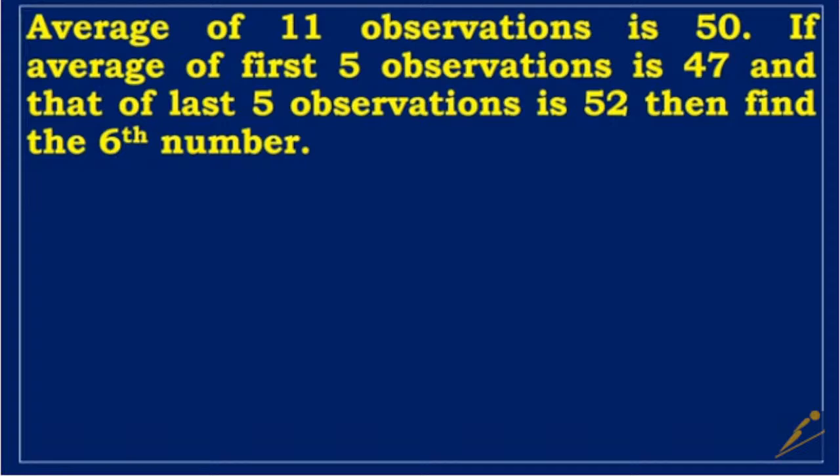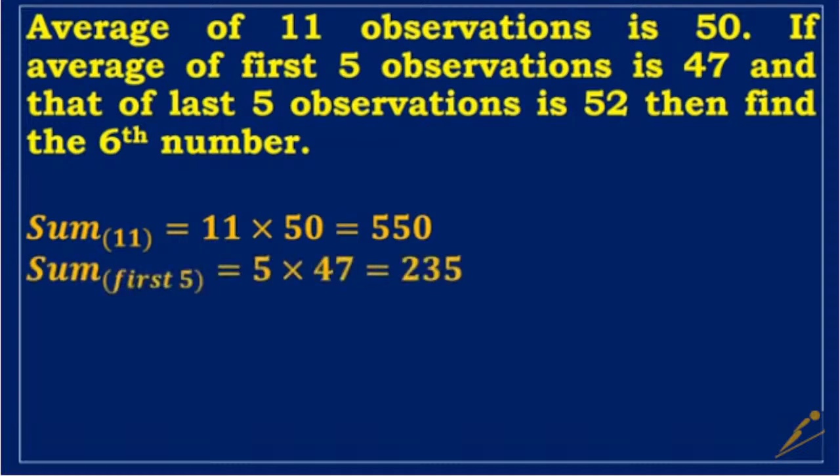We can use the information provided to set up an equation to find the 6th number. We can find the sum of the 11 observations is 11 into 50, which is equal to 550. Now, we can find the sum of the first 5 observations is 5 into 47, which is equal to 235.